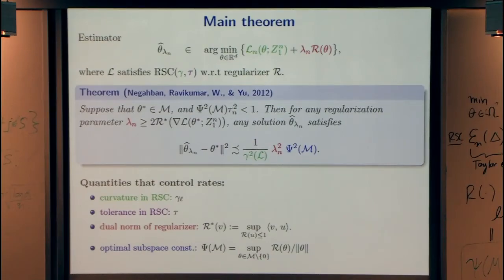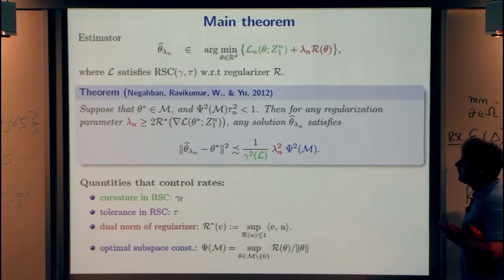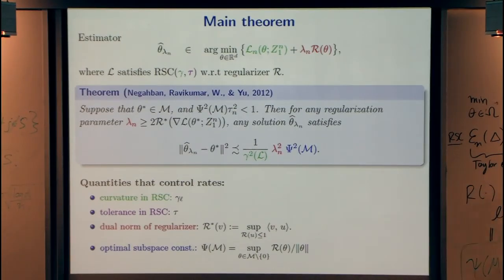Yeah? You mentioned something about the square root lasso where you don't need the lambda n to depend on the parameters, right? Yes. Would you get it out of here? No. Not immediately, because I'm assuming things that are lower bounded by quadratics. Square root would not be.